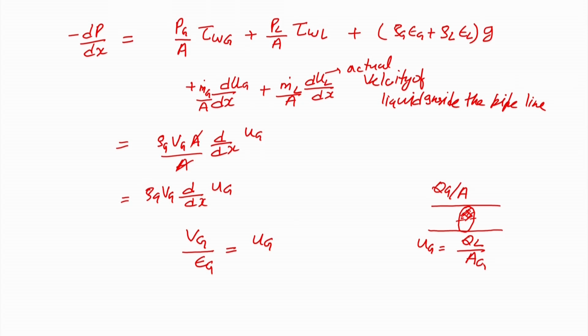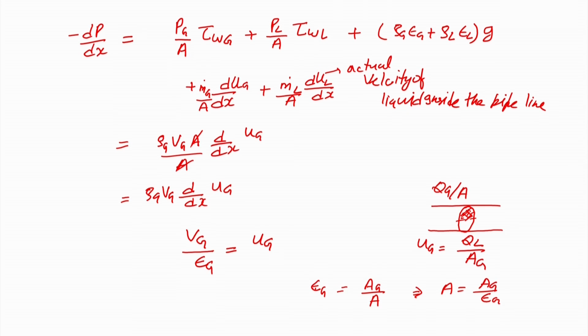We have already seen that epsilon g is nothing but Ag upon A. It means A can be replaced as Ag upon epsilon g.